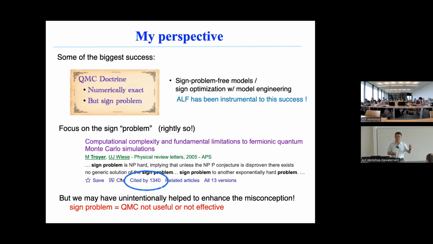Sometimes it's convenient when we want to say, there's a sign problem. I really don't want to explain to you what happened, but okay, that's a canonical citation because it's the most simple one. But it's had unintended consequences, I think. And the paper also, right, should be looked at in the right framework. The paper itself is correct.